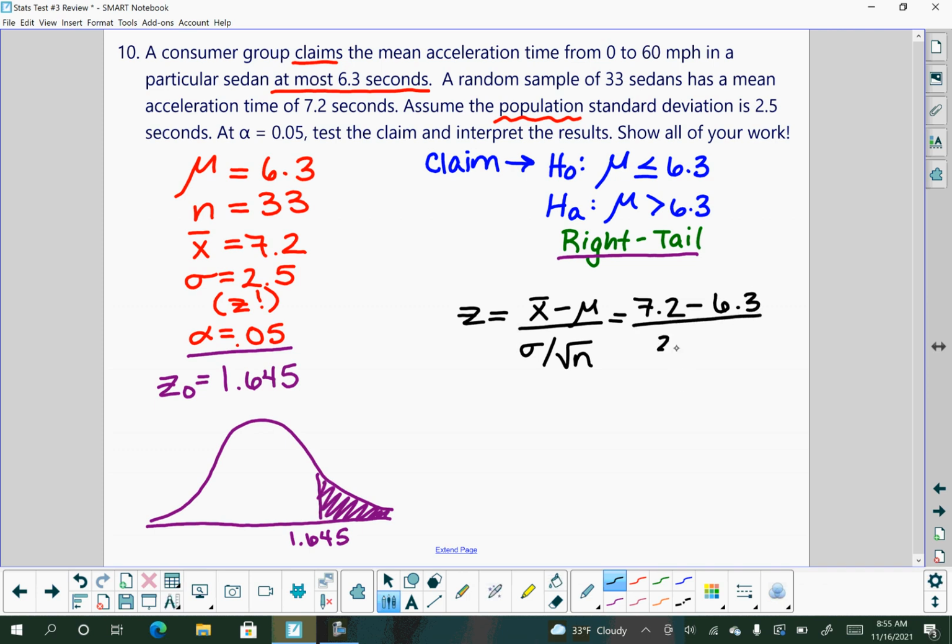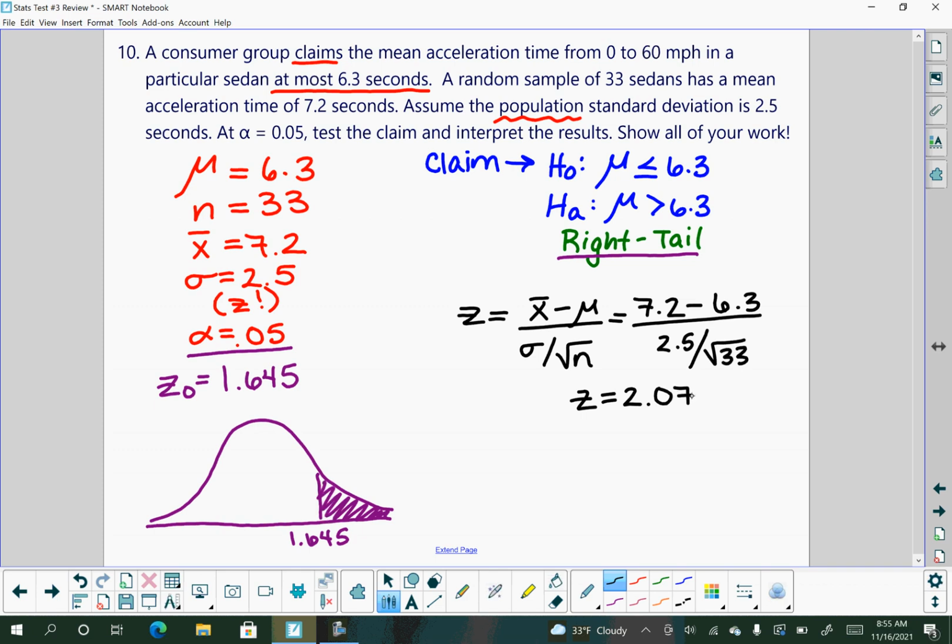Standard deviation is 2.5. And then the square root of our sample size, 33. And we're going to round that to 2 decimal places. So go ahead and type that in your calculator: 7.2 minus 6.3 divided by 2.5 over the square root of 33. If you're doing this in the red calculator, remember you probably want to do numerator and denominator separately and then divide last, so you don't have to worry about calculator issues or rounding issues.